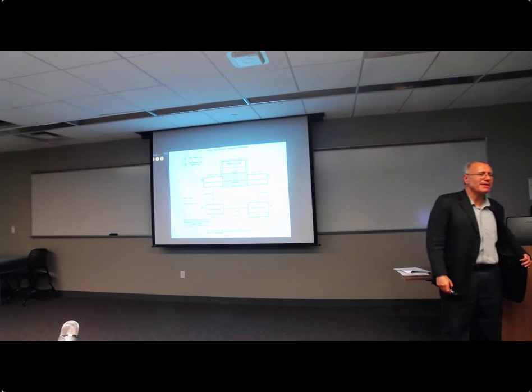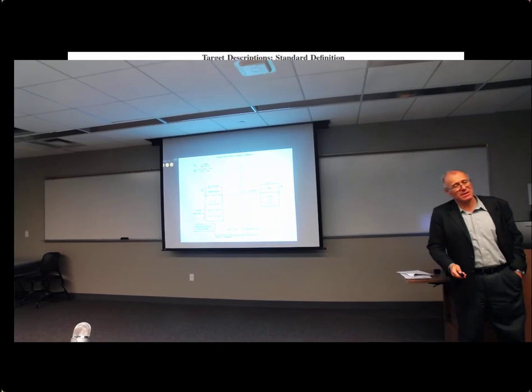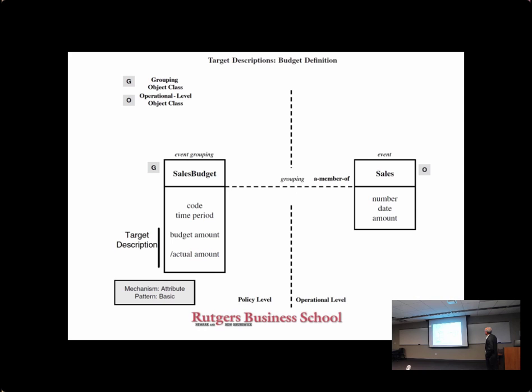Now, bill of material can be viewed as a standard. Something very similar happens with a budget. A budget is not a standard. It can be viewed as a corporate goal, right? Now here, again, the pattern is simple, even simpler than that, it's a basic pattern. The mechanism is also just the attribute. Okay?